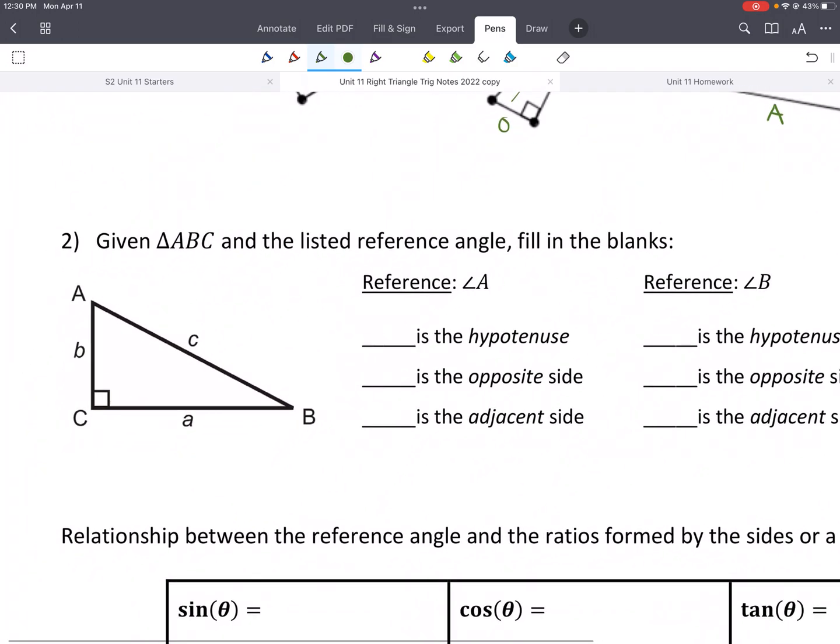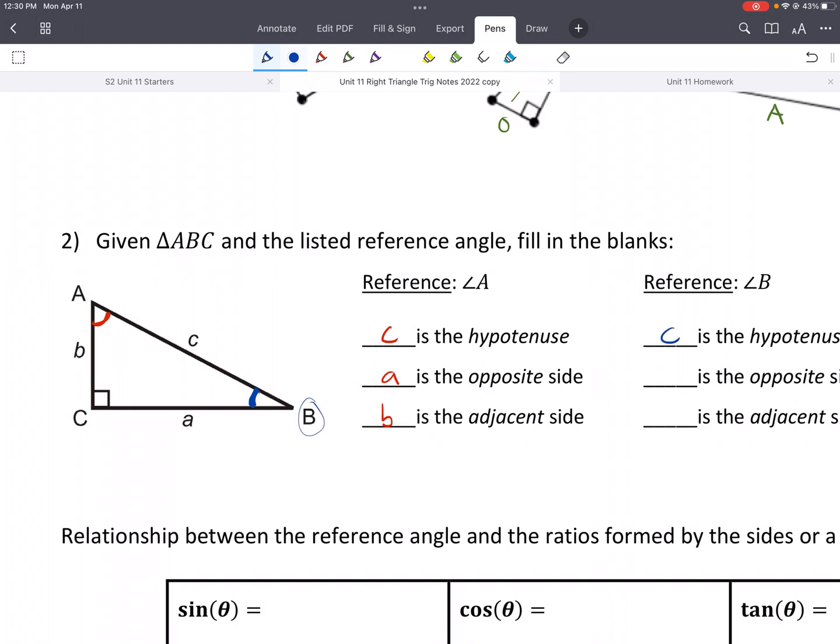Number 2, so this is just kind of comparing the reference angles. If the reference angle is A, our hypotenuse here would be C, our opposite side would be A, and the adjacent would be B. But if the reference angle was angle B, so I'm marking that over here for B, we would still have the same hypotenuse.